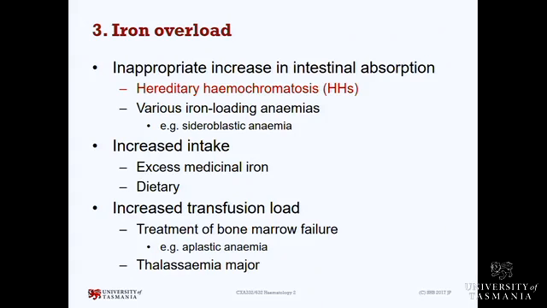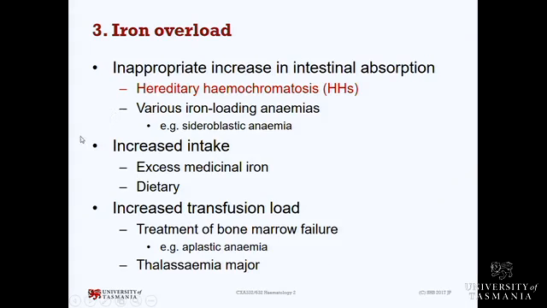But what we're going to consider here and what we're going to finish this lecture about is hereditary hemochromatosis. So I'll just get up to my spot in my notes. As the name implies, this is a hereditary condition. Some sideroblastic anemias are also hereditary, but they can also be acquired.